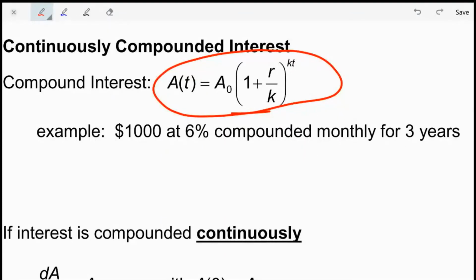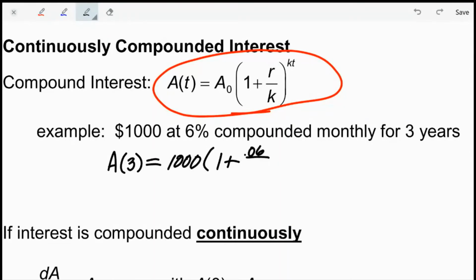And it says we have $1,000 invested at 6% compounded monthly for 3 years. So what we want to do here is figure out how much money we would have at the end of 3 years. Well, the amount after 3 years would be equal to the initial amount, 1,000, times 1 plus our interest rate, which is 0.06 over k.